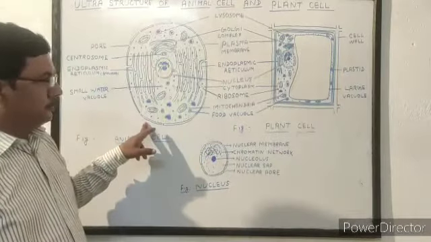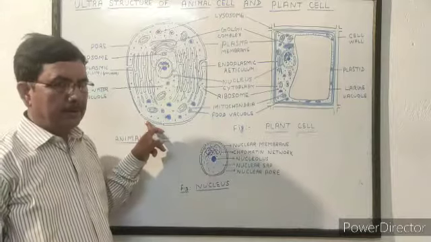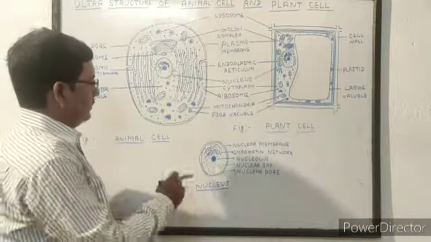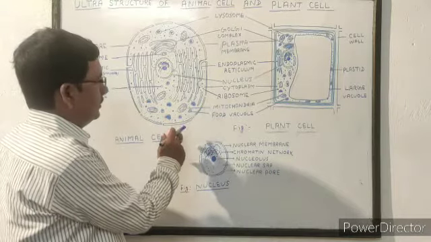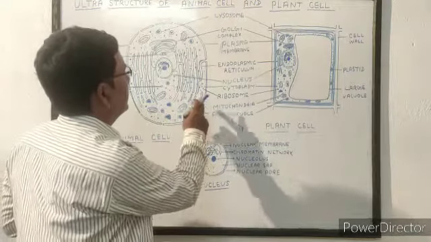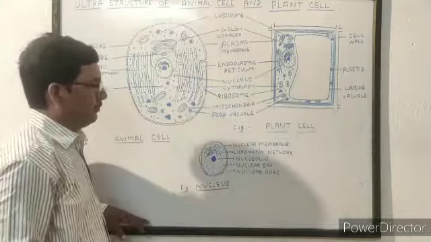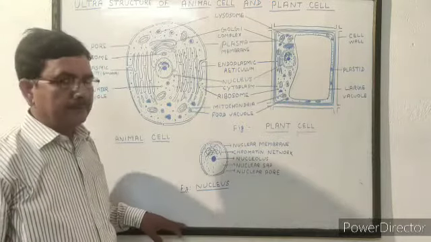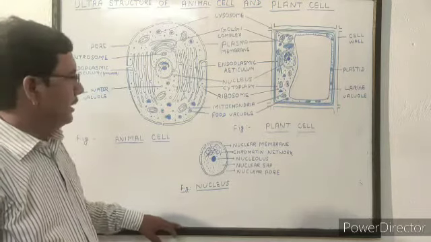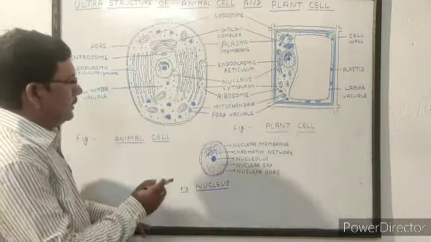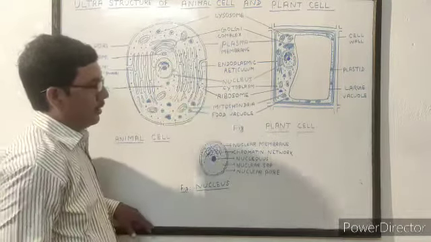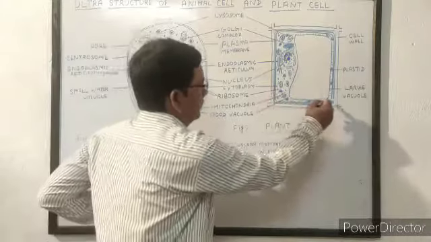Now protoplasm. The protoplasm is semi-liquid, gelatinous, transparent and heterogeneous fluid. Here is the protoplasm of both plant cell as well as in animal cell. Now protoplasm is divided into two parts, cytoplasm and nucleus. The contents of cell between nuclear membrane and cell membrane is called cytoplasm.